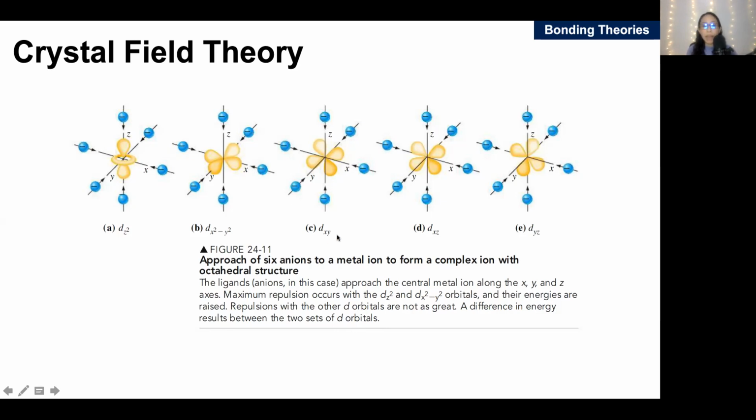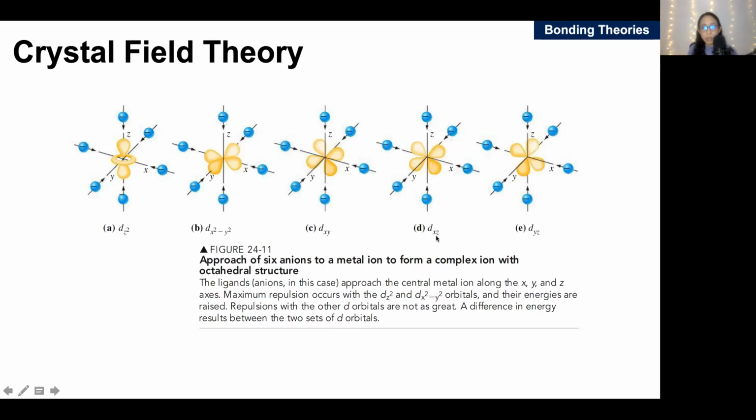And then we have the xy orbital, which involves lobes lying along the xy plane. If you imagine the xy plane, it's a plane perpendicular to your z-axis, and you have the lobes of your d orbital lying in that plane.